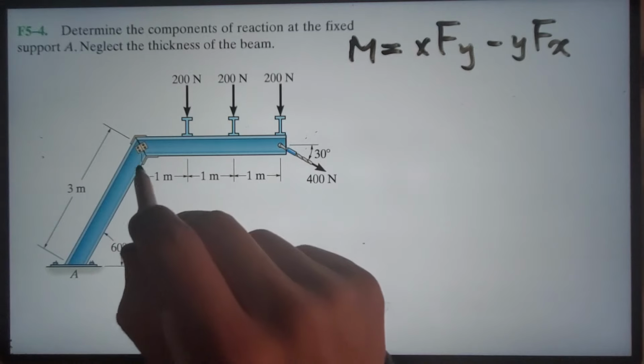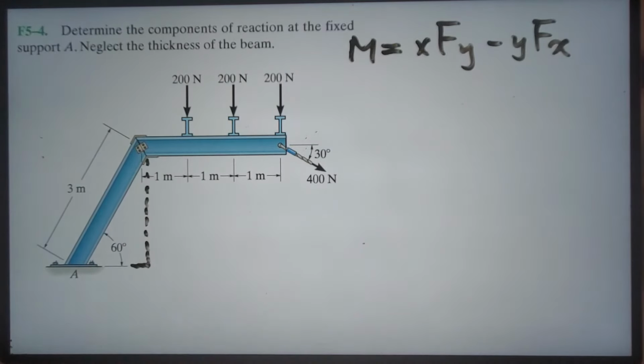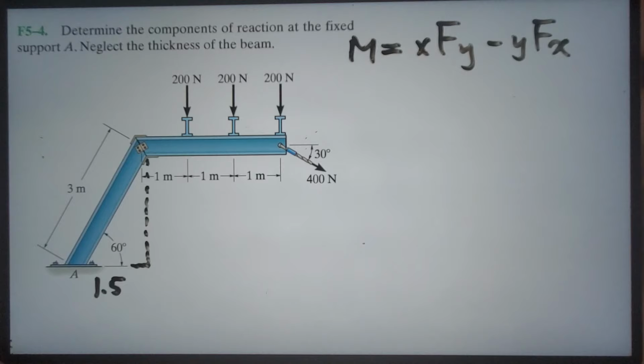Okay, 60 degrees, what is the X component over here? It's 3 meters, 3 times cosine of 60, and that is 1.5. And what about the Y component? That should be 3 times sine of 60, that is 2.60.